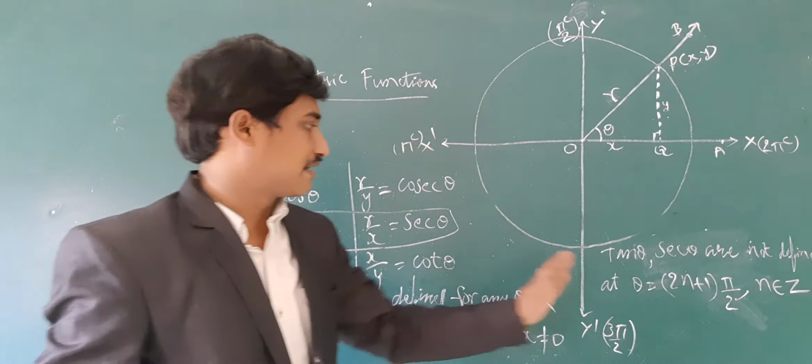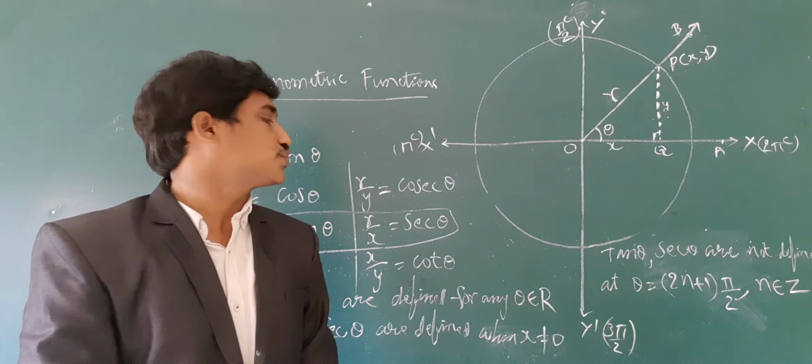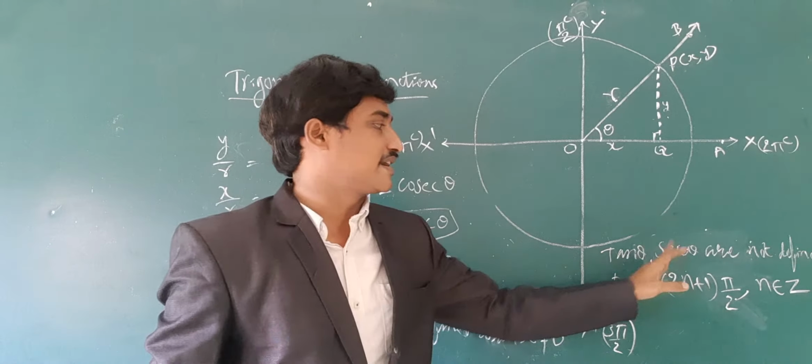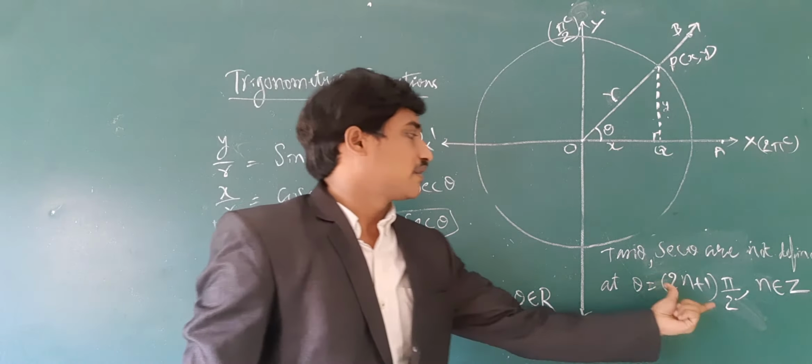At these angles, tan theta and secant theta are both undefined. So the domain of tan theta and secant theta is R minus the values (2n plus 1) pi by 2, where n belongs to Z. That is the domain of tan theta and secant theta.